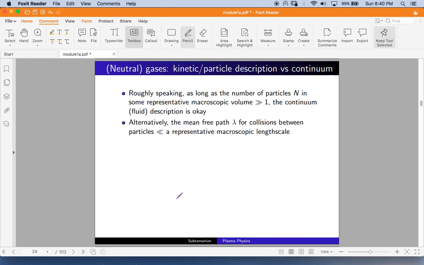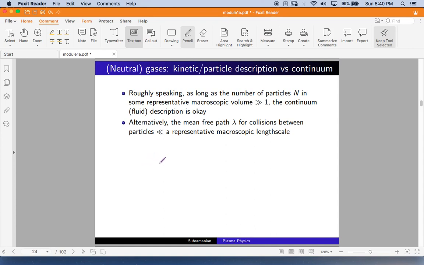For those of you who've taken my fluids course last semester, this will all be very familiar. These are essentially the same slides. So this is one way of defining it.